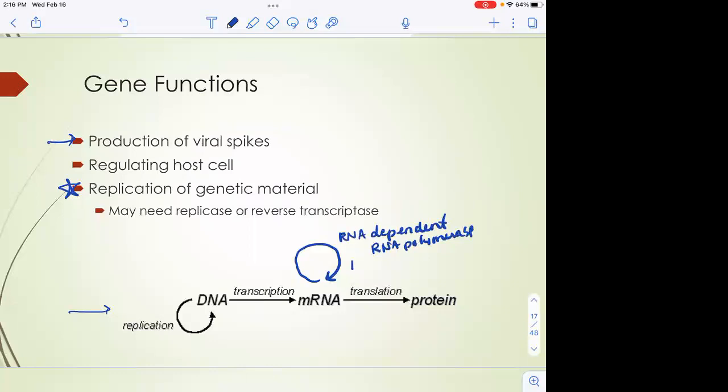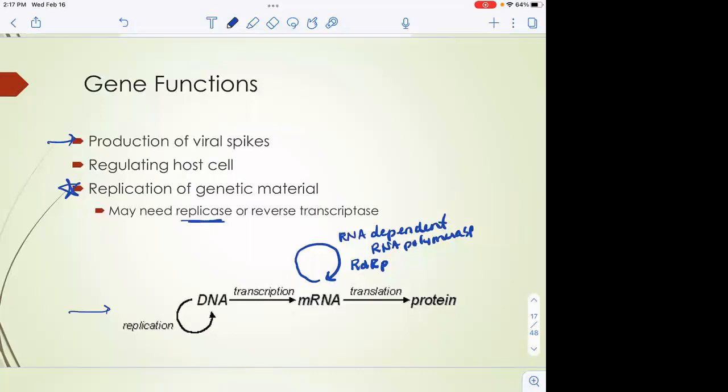Sometimes you see that RdRp. Again, that's an RNA dependent RNA polymerase. Our RNA polymerase uses DNA as a template, right? So sometimes that's referred to as replicase, an RNA dependent RNA polymerase.